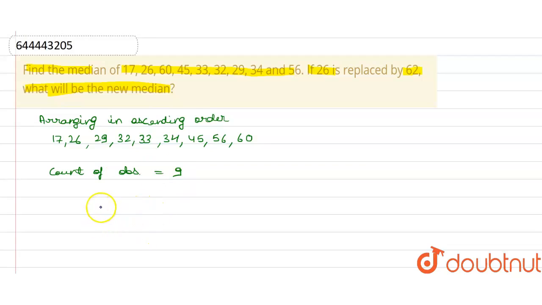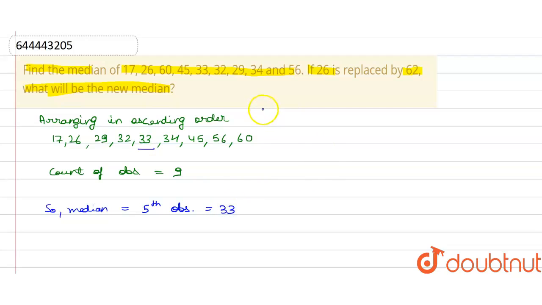Now we know that the median is the middlemost observation. So from here, median equals the fifth observation, and the fifth observation from here is 1, 2, 3, 4, 5. So 33 is the median.